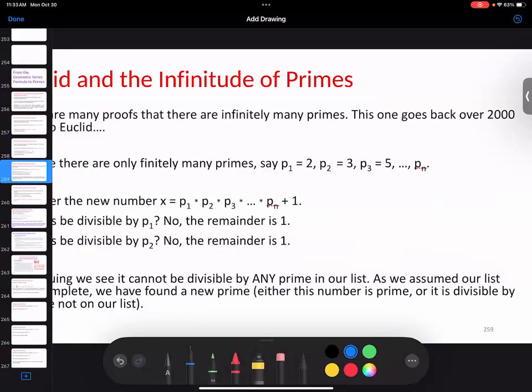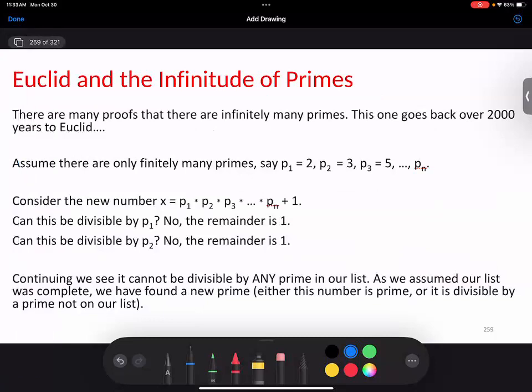If you just keep arguing like this, it can't be divisible by anything on our list. So it's either going to be a new prime, which means our list was incomplete, or it's divisible by a prime not on our list, in which case our list was incomplete. So no matter what, this number shows that there has to be at least 1 more prime, and then lather, rinse, repeat, and just keep doing this.